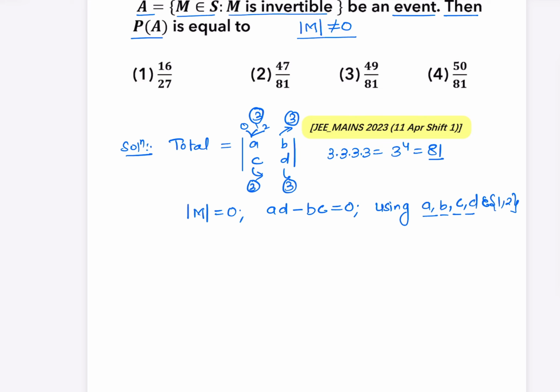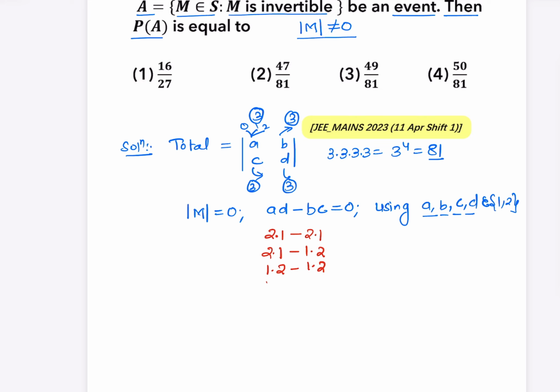So let's say if A value is 2, D value is 1, then 2 into 1 minus 2 into 1, that value will be 0. Now 2 into 1 minus 1 into 2, again 0. Now 1 into 2 minus 1 into 2, that is also 0.